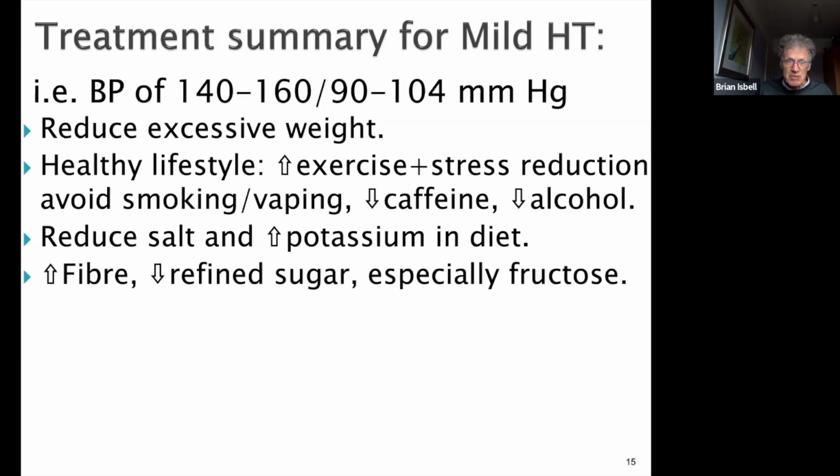Fiber helps. Refined sugar, remember the sweet sugars that we have, sucrose, glucose, refined sugars, try to reduce those especially, but particularly fructose, which is the sugar now more often used in processed food.